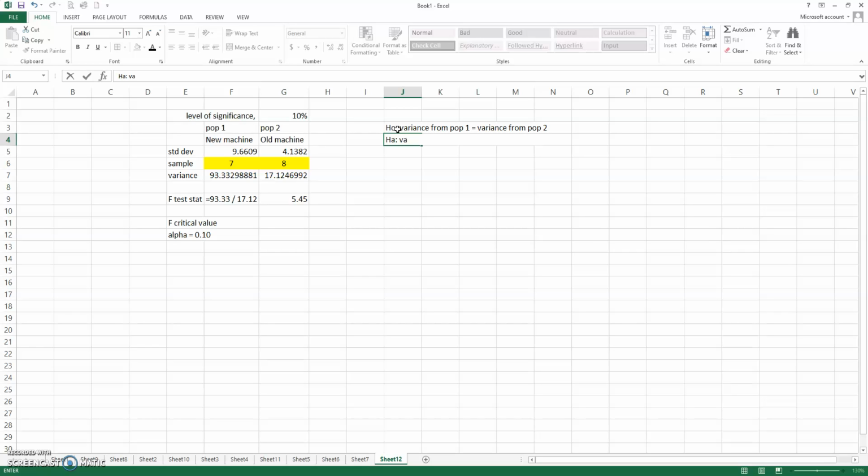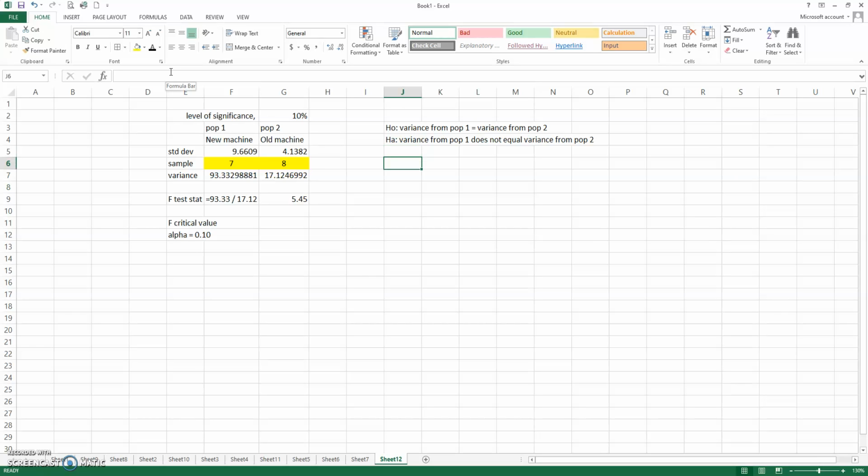Alternately, the variance from population 1 does not equal the variance from population 2. If my writing board were working, I could write this using more proper statistical symbols. But this is good, except for my silly spelling mistakes right there.